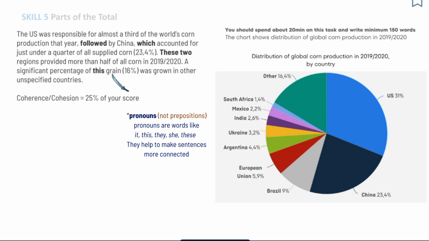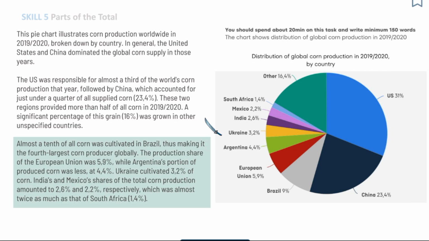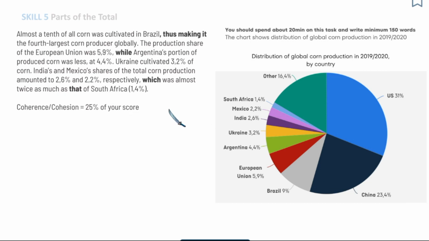These grain, in this case, of course, we refer to corn. So please remember that linking devices, linking phrases, linking words are very important. In the final body paragraph, I have also highlighted different ways of how you can write linked and logical sentences.